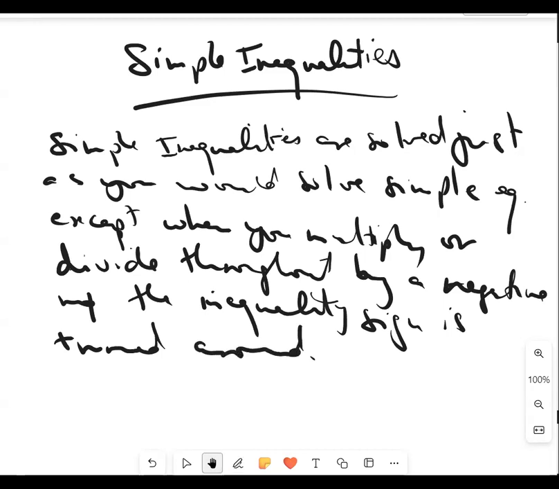What do I mean by all of that? Let me show you what an inequality is. If you have an equation, you are asked to solve for x.